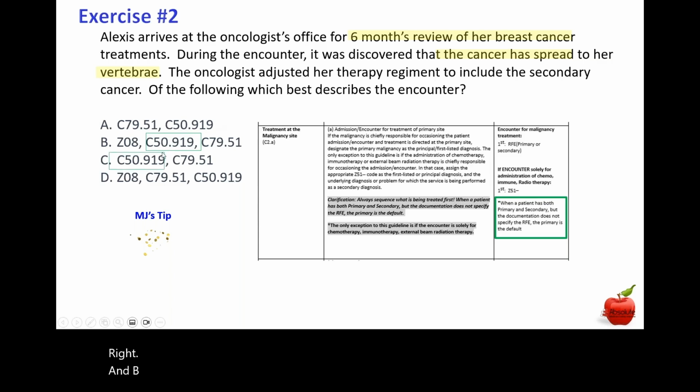And B and C are sequencing the primary before the secondary. Okay? I'm going to let that marinate.